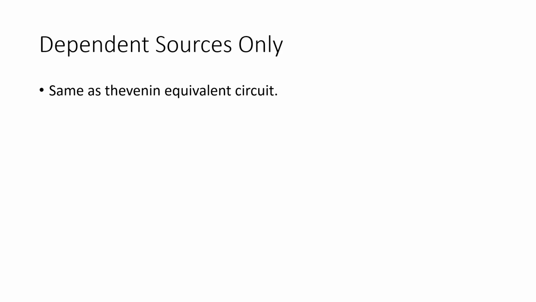Now, if I look at dependent sources only, this is exactly the same as the Thevenin equivalent circuit. Remember, for dependent sources only, the equivalent circuit is just the resistor. So I don't have to find a short circuit current or an open circuit voltage. I have to put in my source.